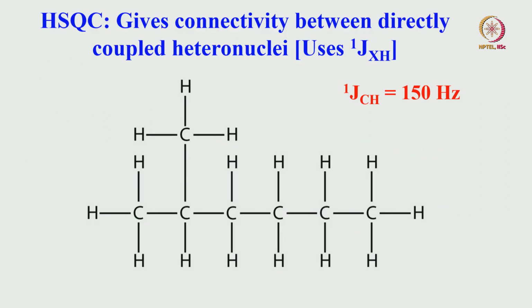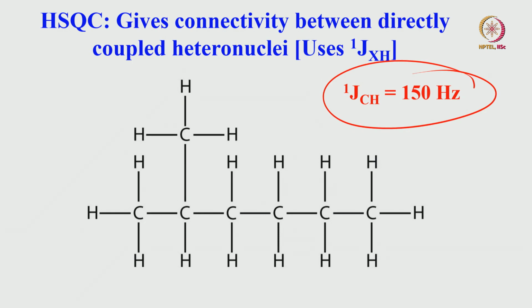What does HSQC do? HSQC gives connectivity between directly coupled heteronuclei, and it uses one bond heteronuclear coupling. For example, in a molecule like this, assume one bond coupling is 150 hertz. That is only for experimental purpose to set up.